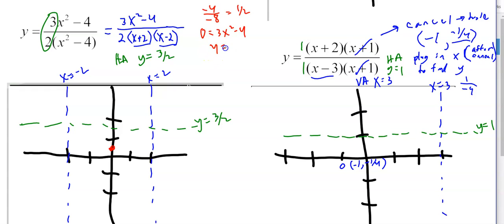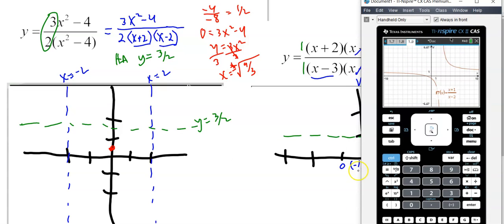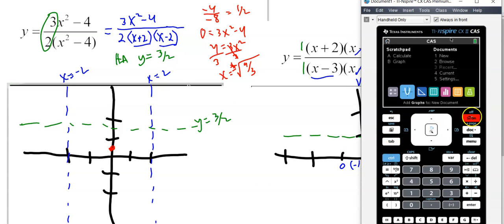So 4 equals 3x squared, divided by 3. x equals the square root of 4/3. Actually, it'd be plus or minus, because you have to take the square root of both sides. So plus or minus the square root of 4/3.